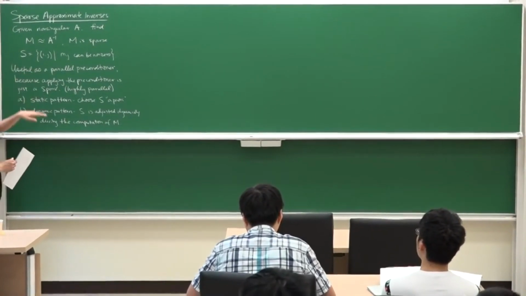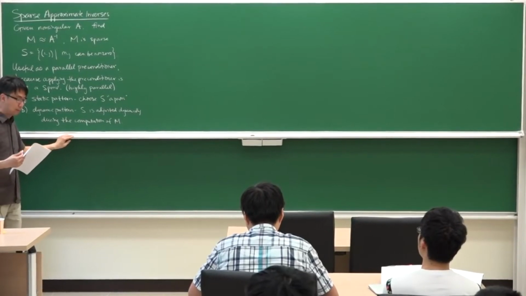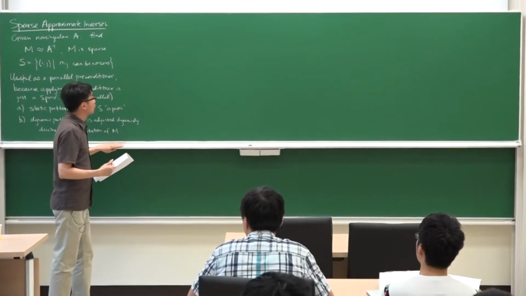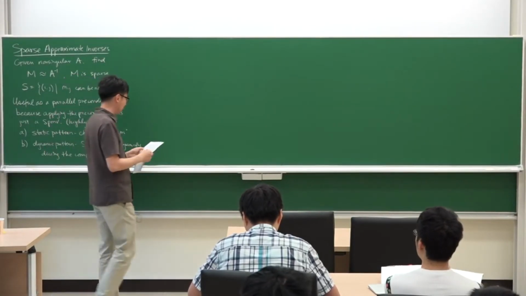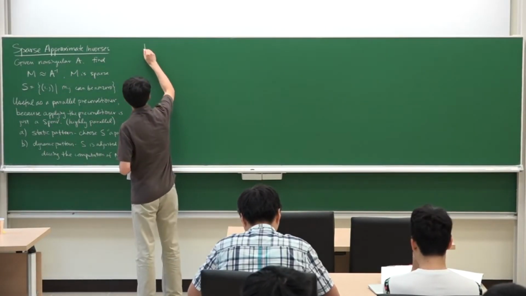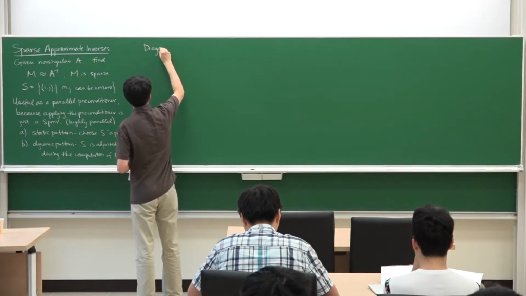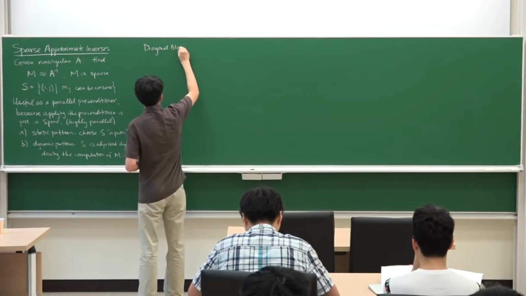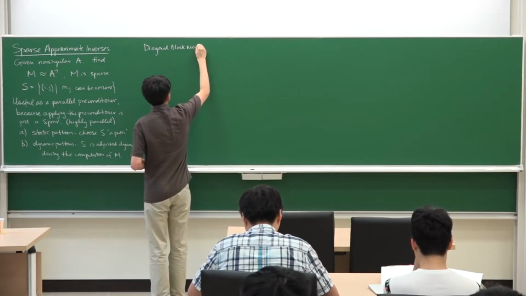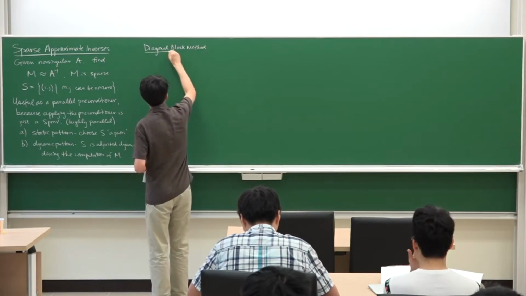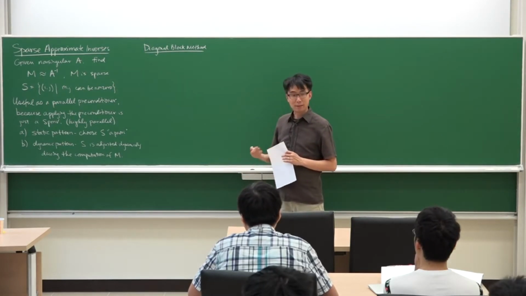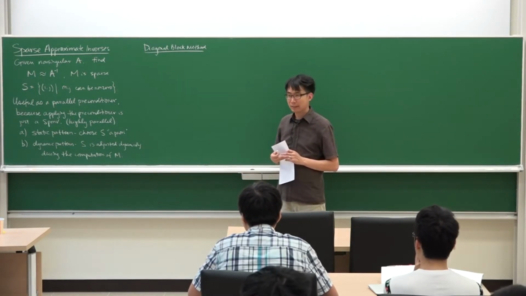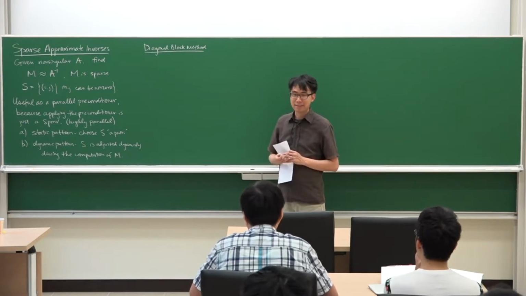So how do we compute M? We'll start with a method that I will call the diagonal block method. I think this is the very first sparse approximate inverse method. It was described in Benson's 1973 master's thesis, which is quite impressive.